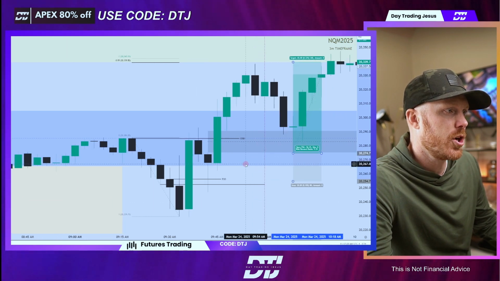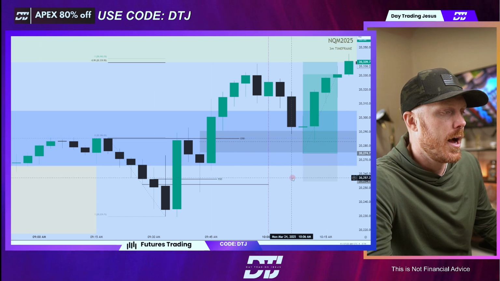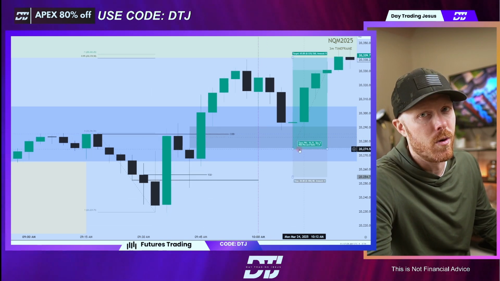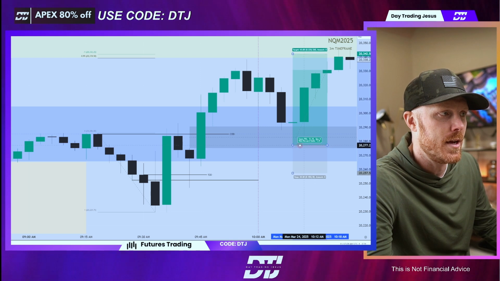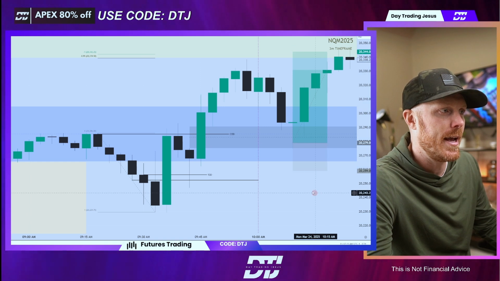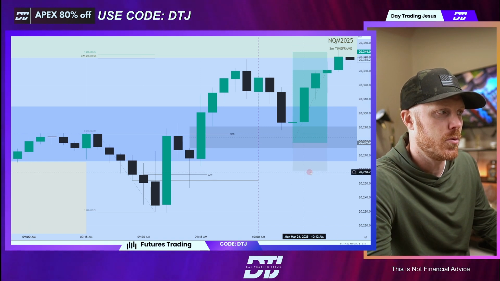Now, once price started coming down into here, I saw it get really low and I decided, you know what? I don't want to miss this. So I ended up moving my entry to right around 20,279 and I got my entry there and set my stop loss still at 20.